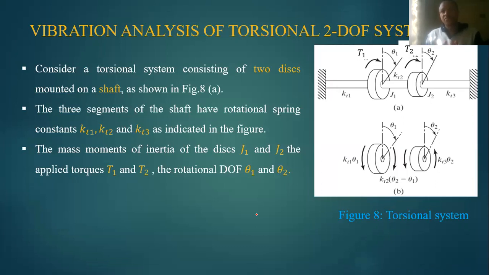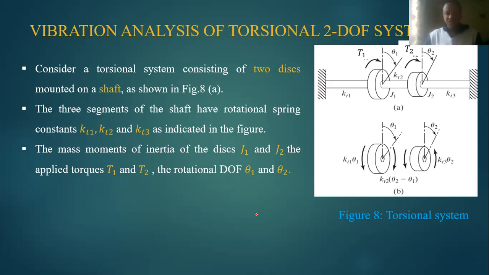The second important part of vibration analysis is considering the torsional system. Still, what we have learned is the linear system, the vibration of linear system. Now let's see the torsional system of 2 degree of freedom.